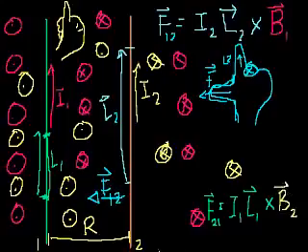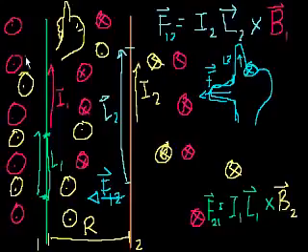And so we can do the same cross product here. Put our index finger in the direction of L1, that's what you do with the first element of the cross product. Then you put your middle finger in the direction of B2, and your thumb is going to tell you what the net force is going to be.